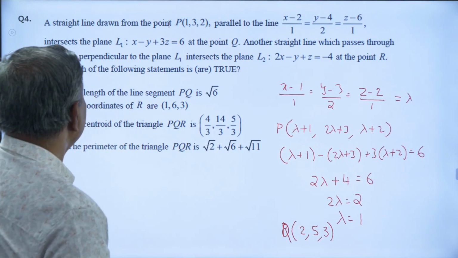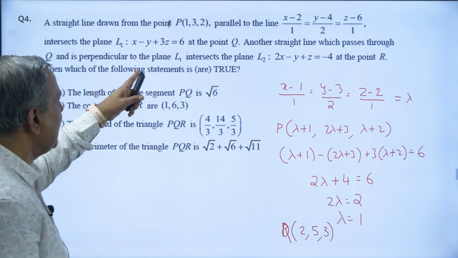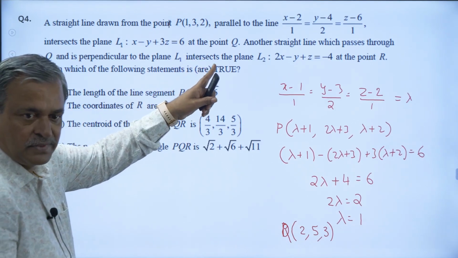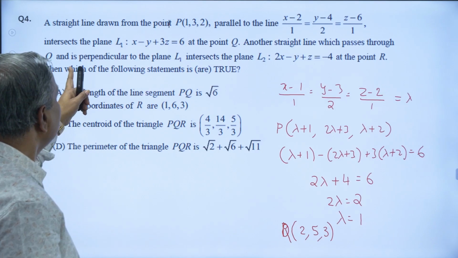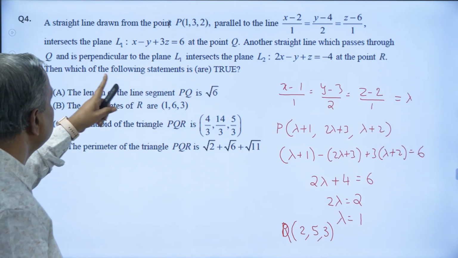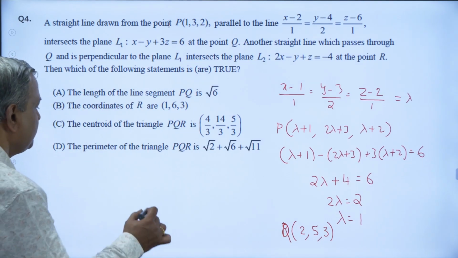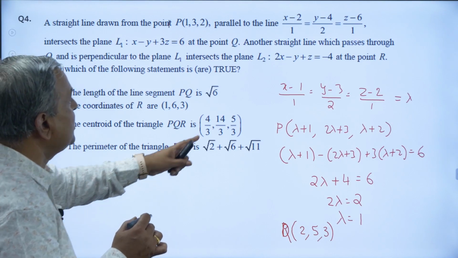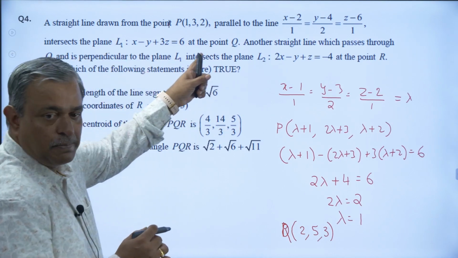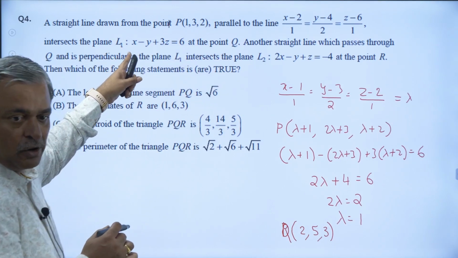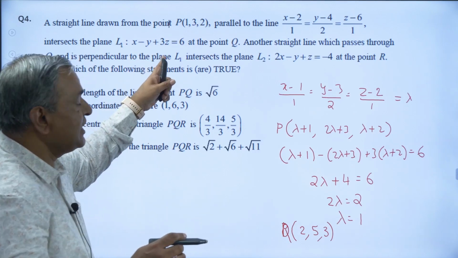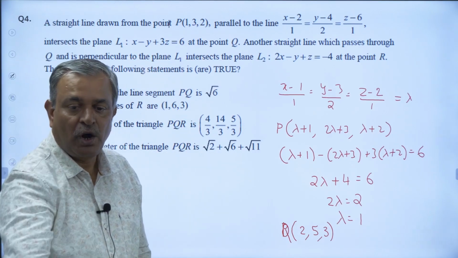Another straight line which passes through Q and is perpendicular to L1. What are the DRs now? DRs 1, minus 1, 3 are the normal DRs of the plane.